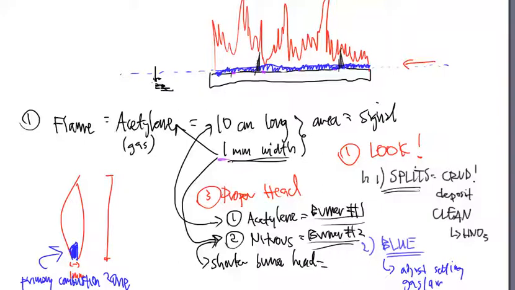After you get outside of the primary combustion zone, you then get into the main part of the flame, and the main part of the flame is called the interzonal. So I'm going to draw this kind of pinkish. So the majority of the flame here is going to be pink, and that pink one is called the interzonal region.